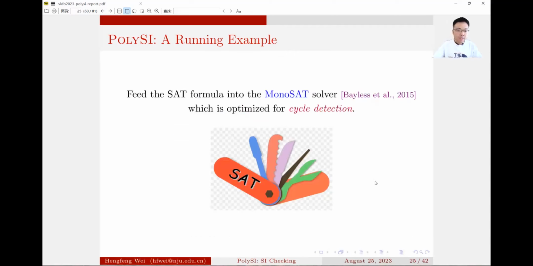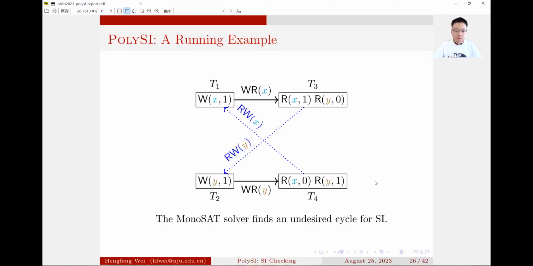We feed the final formula into the norm-set solver, which is optimized for cycle detection. The norm-set solver will find an undesired cycle for the example.